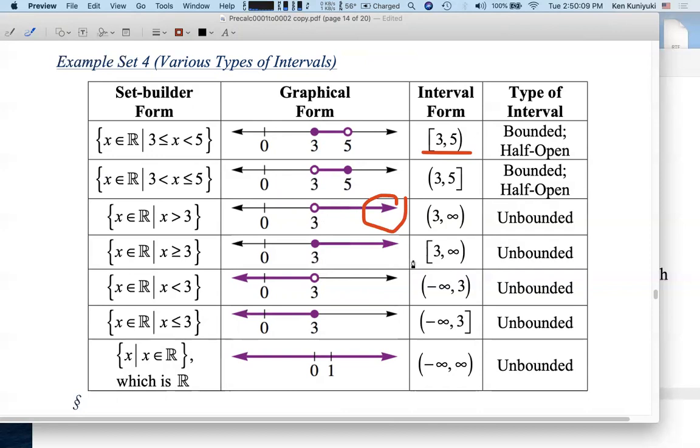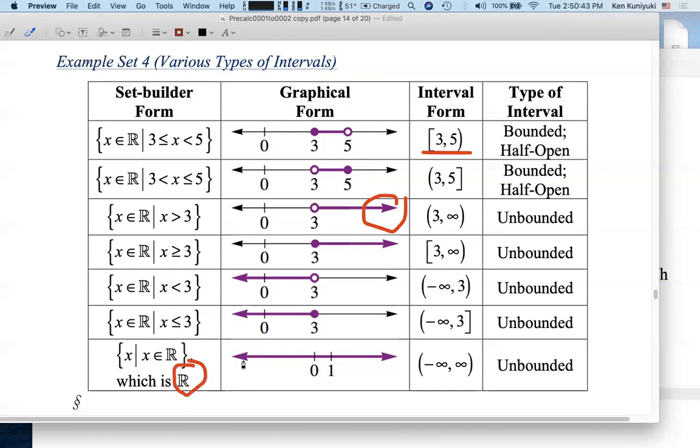Here, we include the 3. We have a bracket instead of a parenthesis. By the way, you always put a parenthesis next to infinity. Infinity is not a real number. You never include infinity in these intervals. So you always put a parenthesis next to infinity or negative infinity. Over here, where these intervals are shooting off unbounded to the left, here we have all real numbers strictly less than 3, open interval. Here, we close it off at the endpoint. We include the 3.